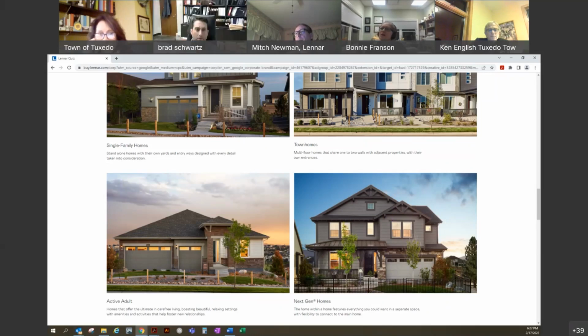Is it maybe a better approach to say, here's an example of something that could occur here? And if the board says, yeah, we could see this here, then say, okay, let's make sure the design guidelines have been crafted and incorporate what we're trying to achieve. If this is 10%, if this is 20% front glazing, whatever that number is, this is what we're maybe proposing for a home.